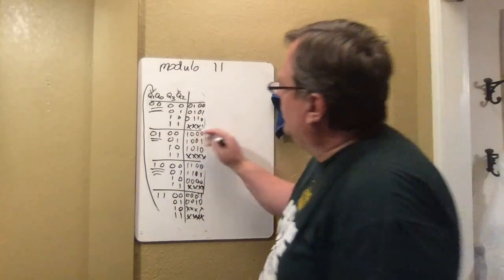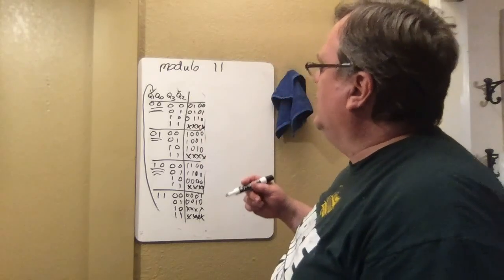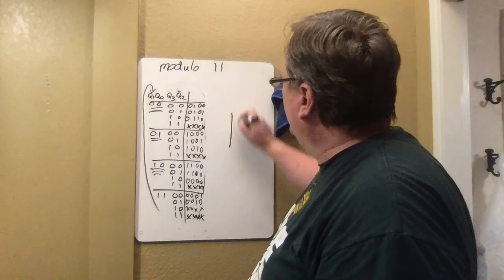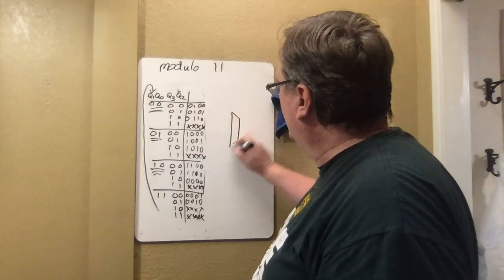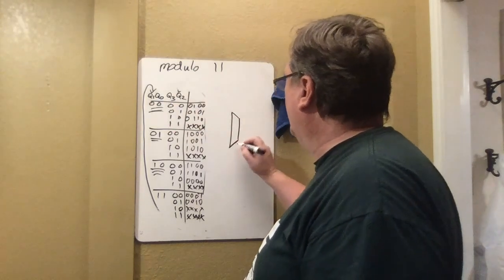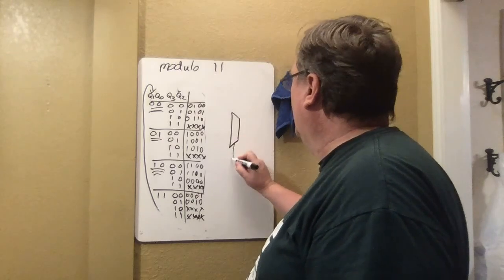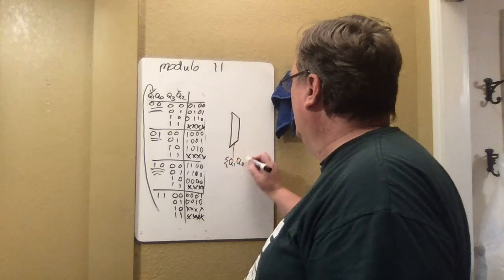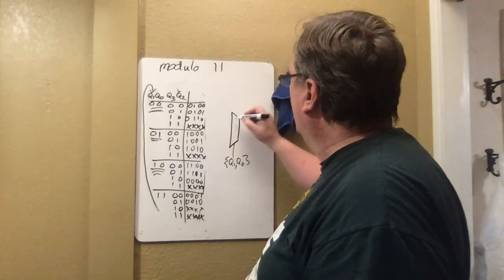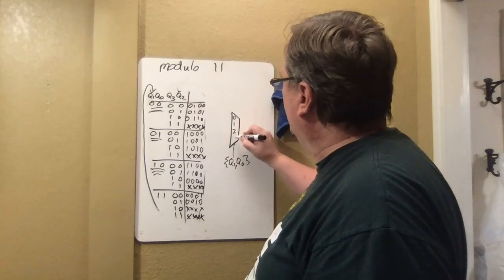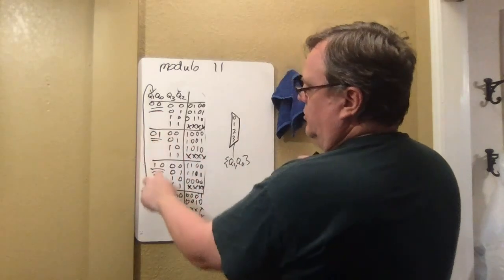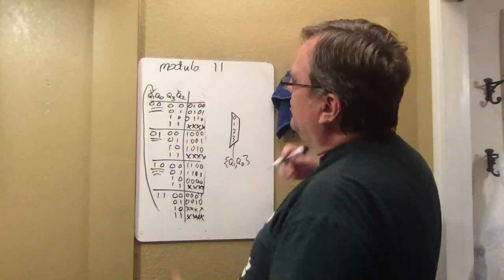But I needed each one of those to have X. The reason why is I used 0 and 1 as input. 0, 1, 2, 3. So I've used those up.